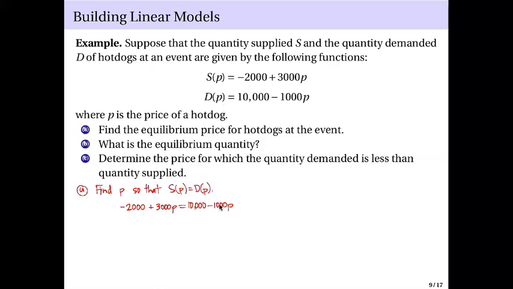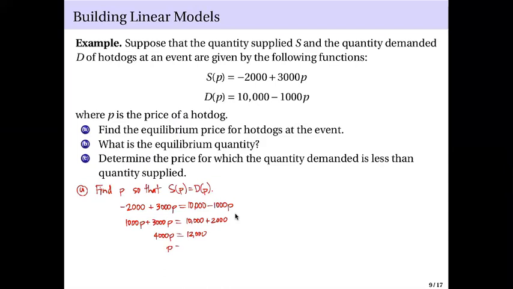So we solve this. We move the negative 1,000 P to this side, and we move the negative 2,000 to the right side. So we will have 1,000 P plus 3,000 P equals 10,000 plus 2,000. So we will have 4,000 P equals 12,000.